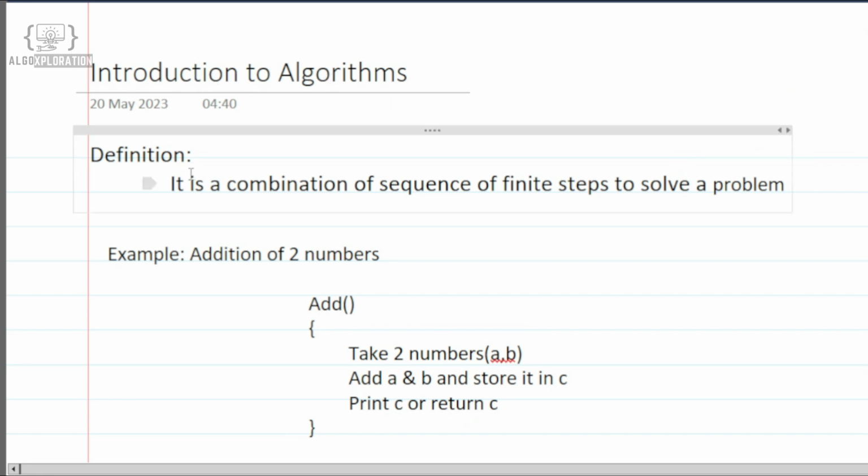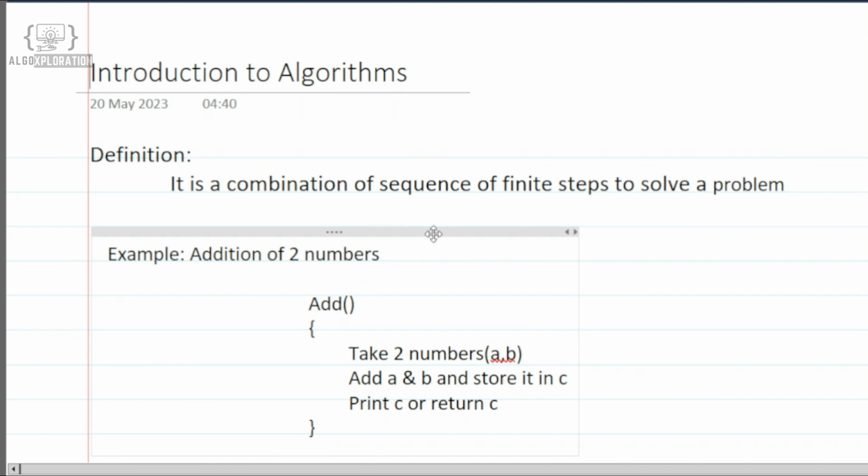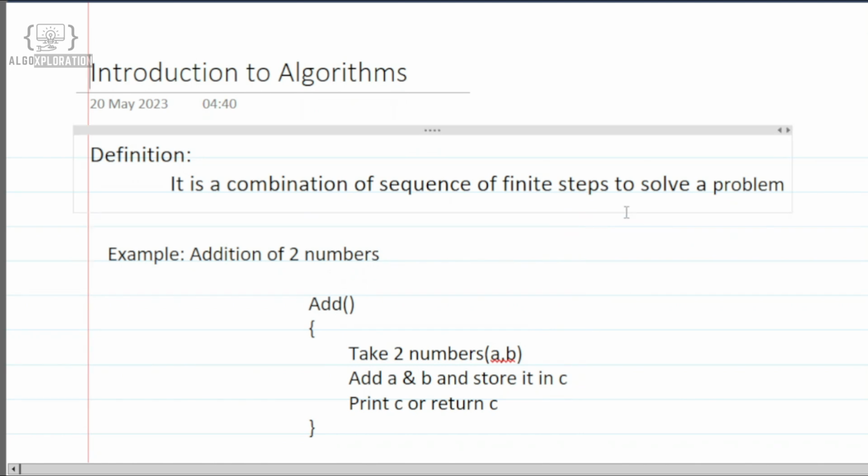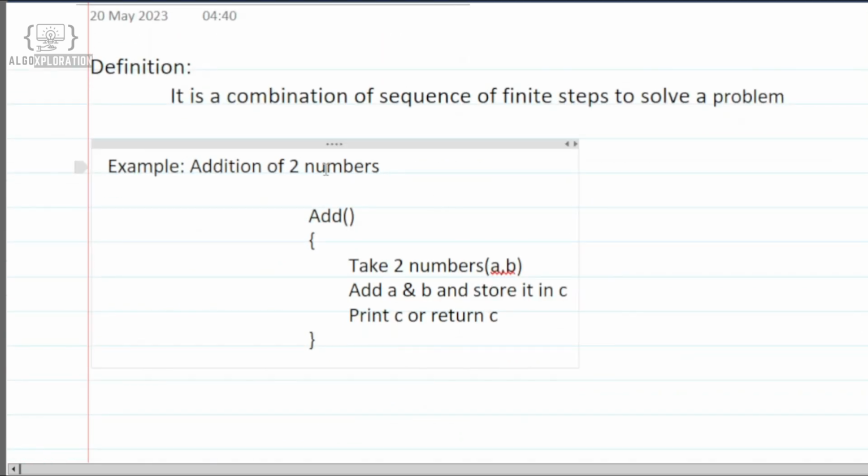Let's take a look at the definition. It says it is a combination of a sequence of finite steps to solve the problem. Now let's understand this statement by taking one problem. The problem is we have to add two numbers.